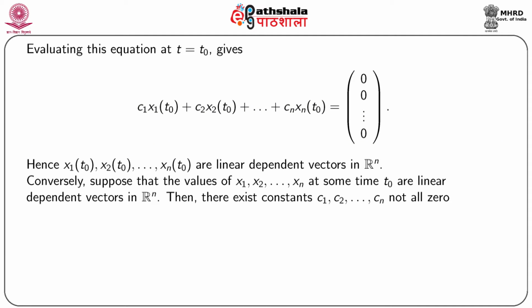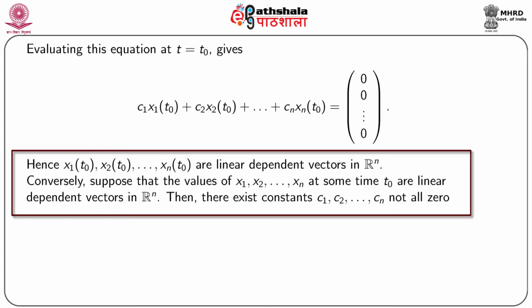Evaluating this equation at t equal to t0 gives C1 x1(t0) + C2 x2(t0) + ... + Cn xn(t0) = 0. Hence, x1(t0), x2(t0), ..., xn(t0) are linearly dependent vectors in Rn.